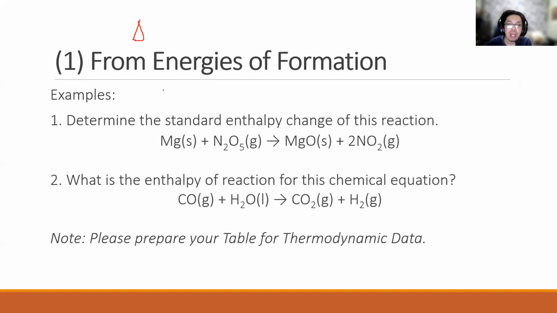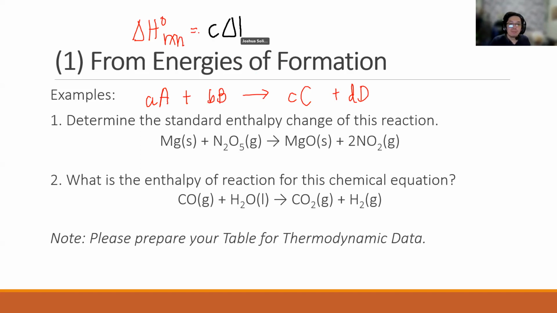Let's say we have this reaction: A, B, producing C and D. Give me the formula. Delta H naught reaction is equal to what? Or write the formula, Josh.